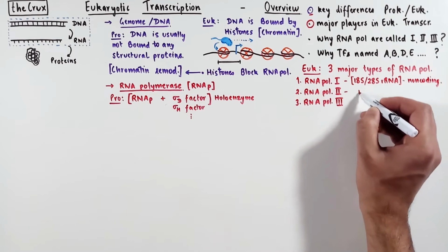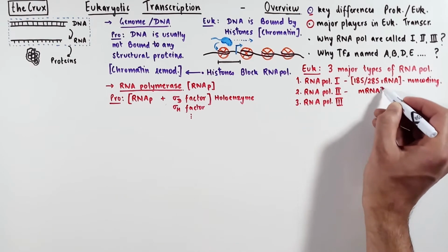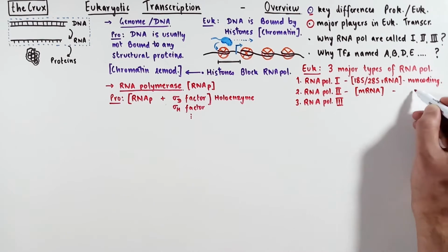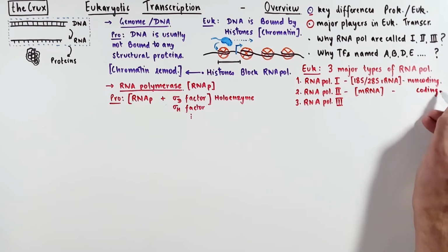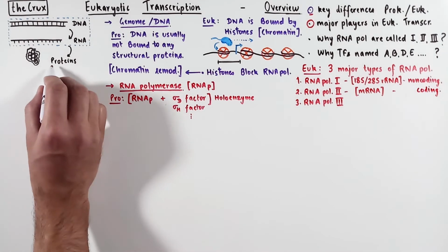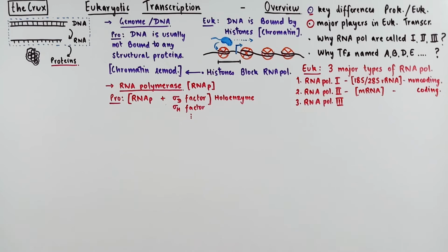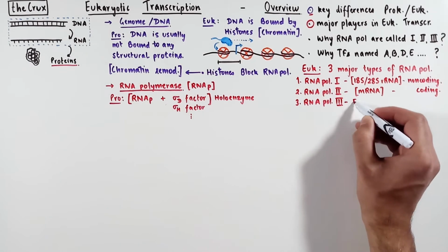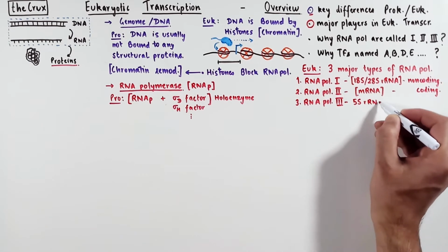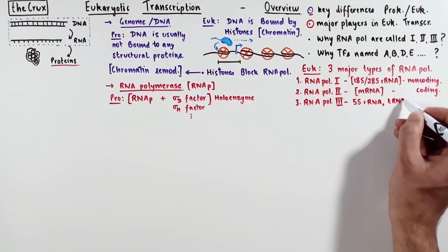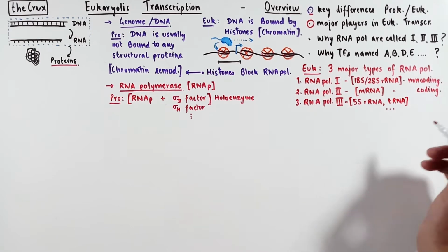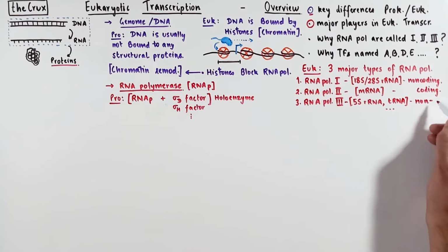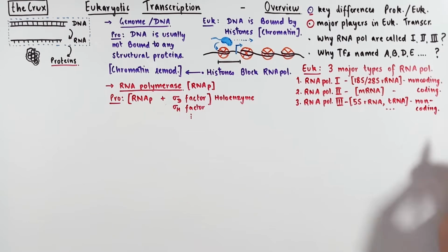The second polymerase is involved in the production of mRNA or messenger RNA, which happens to be the RNA that codes for proteins, and that will be the primary focus of our discussion on eukaryotic transcription in future. The third polymerase is primarily involved in some ribosomal RNA and transfer RNA, and also some small RNA production. Again, these are non-coding RNAs, so they do not code for any proteins.